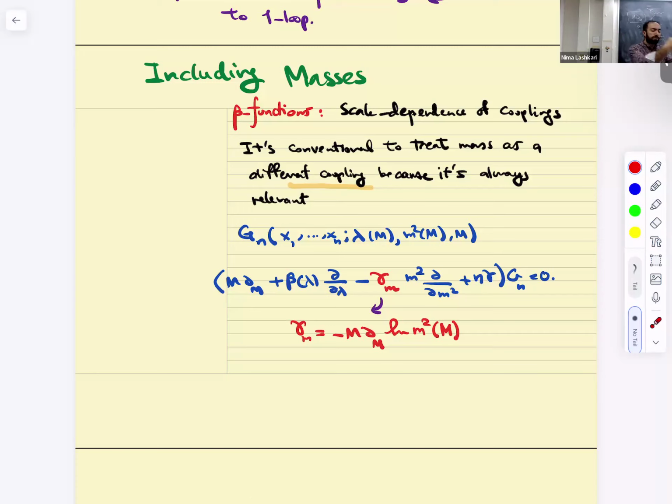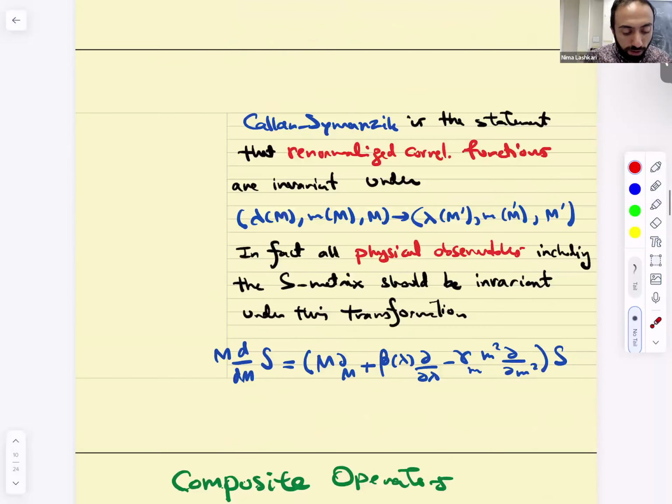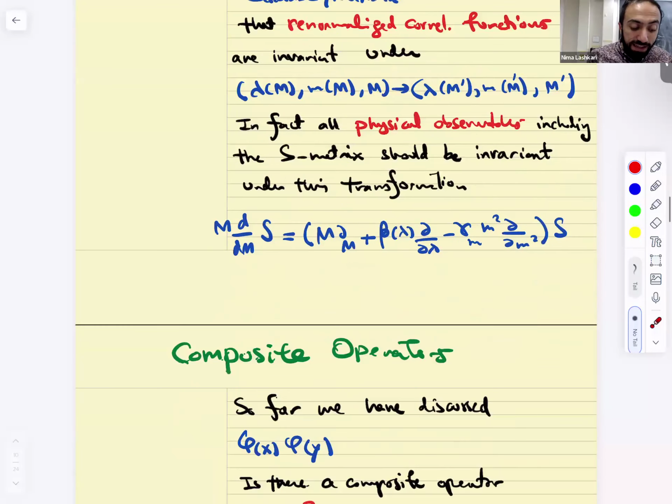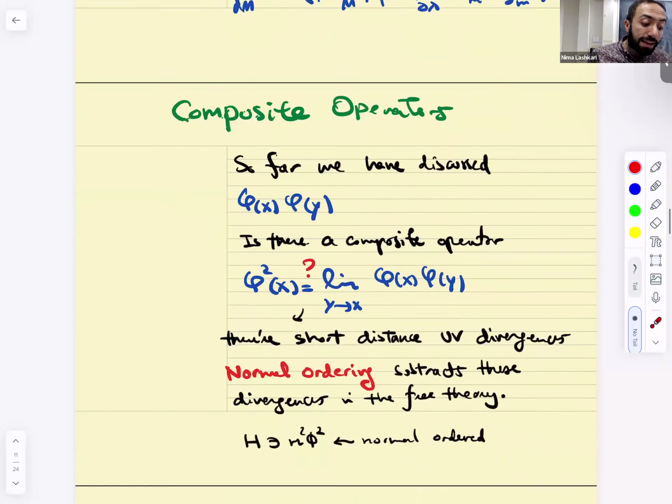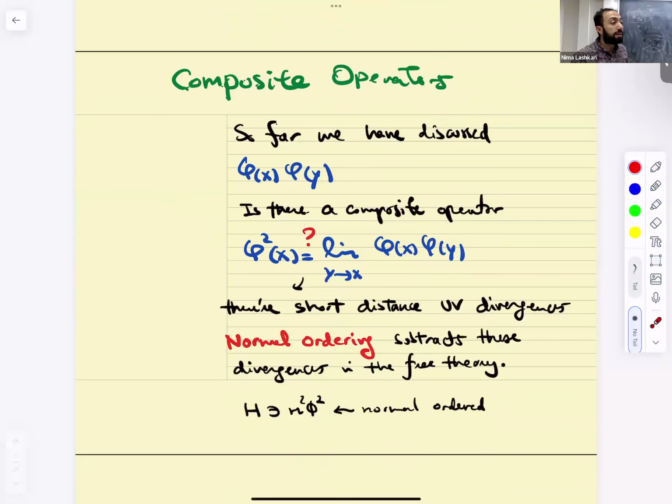The beta function is a response to scaling, right? Change of scale. And the fixed points are scaling invariant theories that are massless. So from the point of view of scaling, mass is just another coupling.